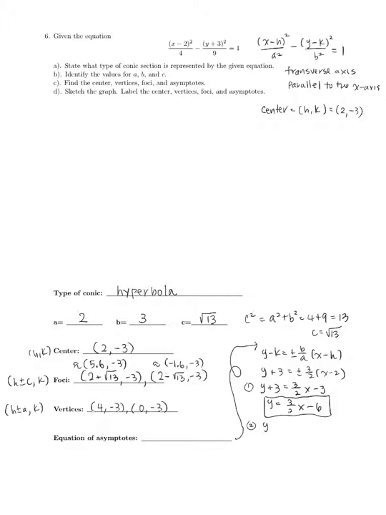I'm going to have y plus 3 equals negative 3 over 2 x plus 3. Subtract 3 from both sides, and we get y equals negative 3 over 2 x plus 0. So y equals negative 3 over 2 x and y equals 3 over 2 x minus 6. The first one has a y-intercept of 0, and the second one has a y-intercept of negative 6.